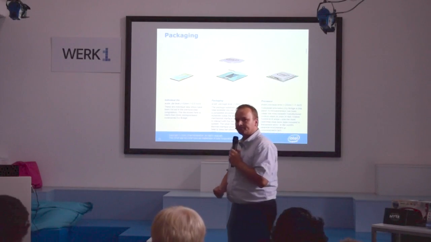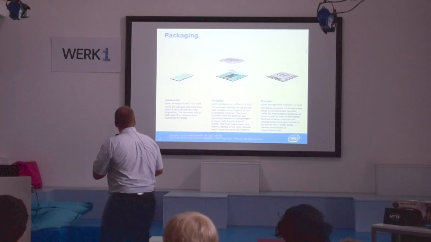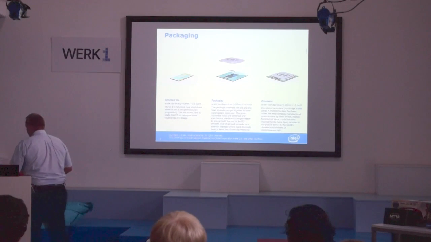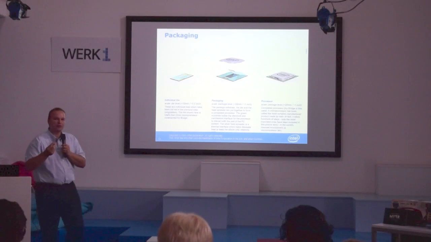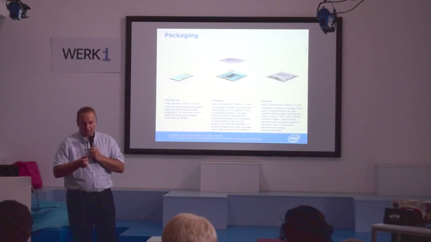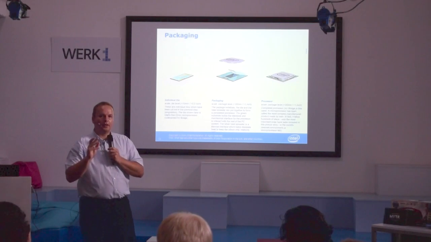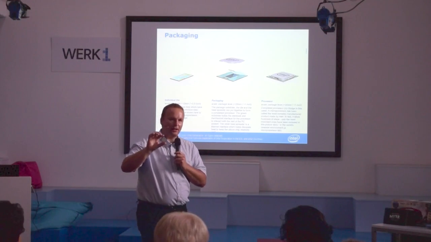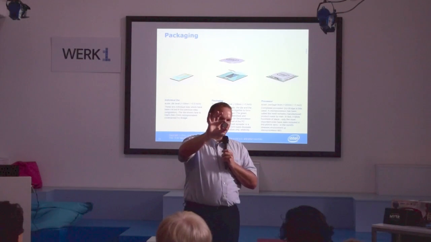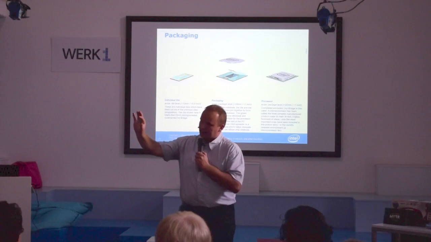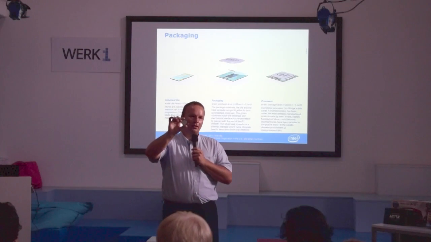Okay? Good questions. So we've packaged this individual die into a housing, and the housing is here to protect the processor, and it's also making it a little bit easier to handle, and it's also connecting it to the outside world. If you look at the front side of this processor package, and this is a desktop processor, you see that there is this metal cap on it.